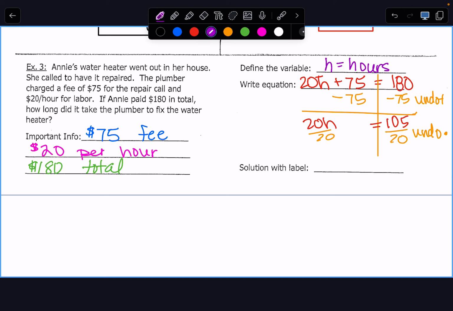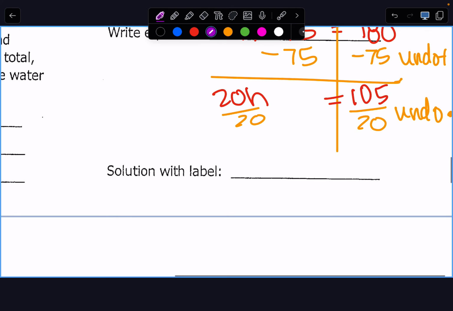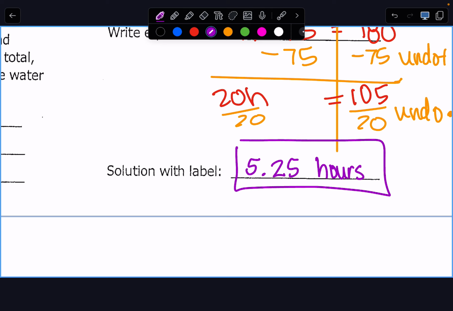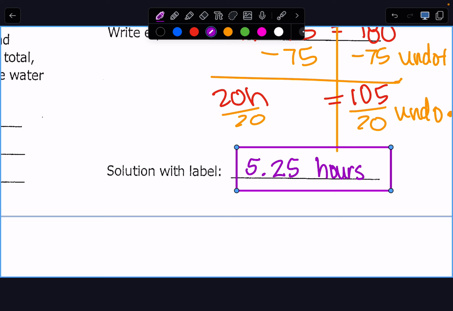It is okay to have a time that's not on the hour, right? What do you get when you take 105 divided by 20? So it takes 5 1/4 hours. So 5 hours, what's 1/4 of an hour? 15 minutes. But you can just say 5.25 hours. Okay. That's it. We did it.